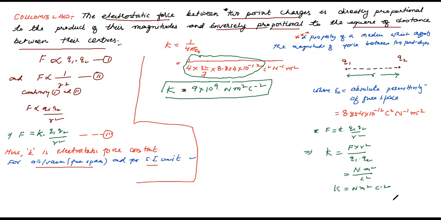Now let me make you understand how we can put these values over here. From equation 3, if I put this value, how much will I get? You can pause the video and jot down. What did we get in equation 3?